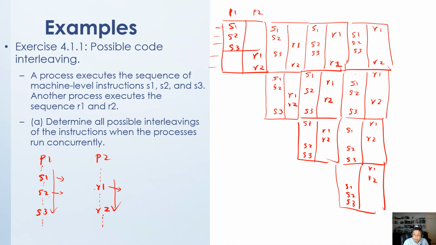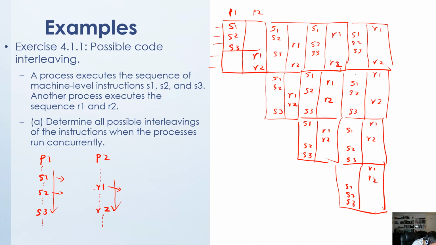I think that's pretty much all the scenarios we have to think about, right? Because I cannot change the order of S. The sequence of S is always S1, S2, S3. The sequence of R is always R1, R2. But the S and the R can have different orders.